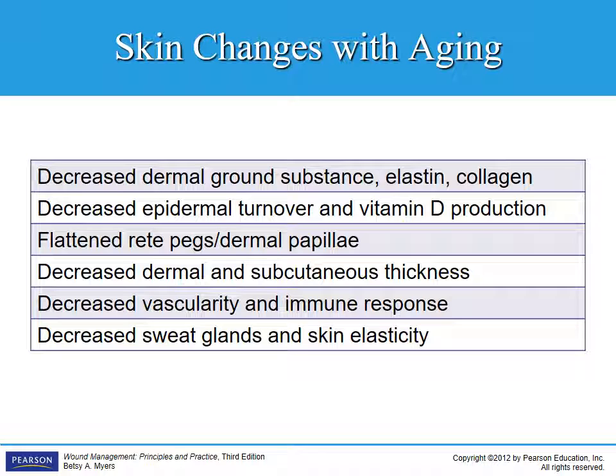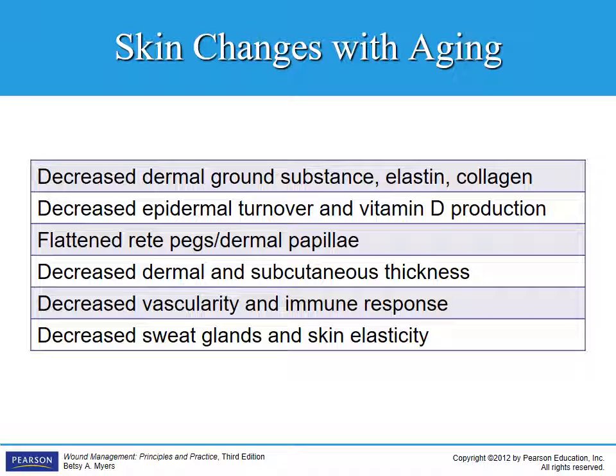Some of the skin changes with aging are decreased dermal ground substance, elastin, and collagen. If you remember back to the very first chapter when we talked about the skin itself and the physiology of the skin itself, this all relates to that. There's a decreased epidermal turnover and vitamin D production.